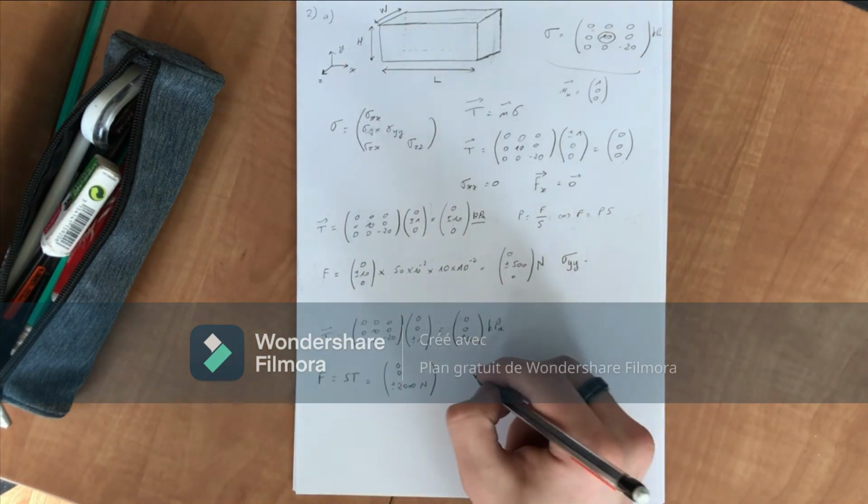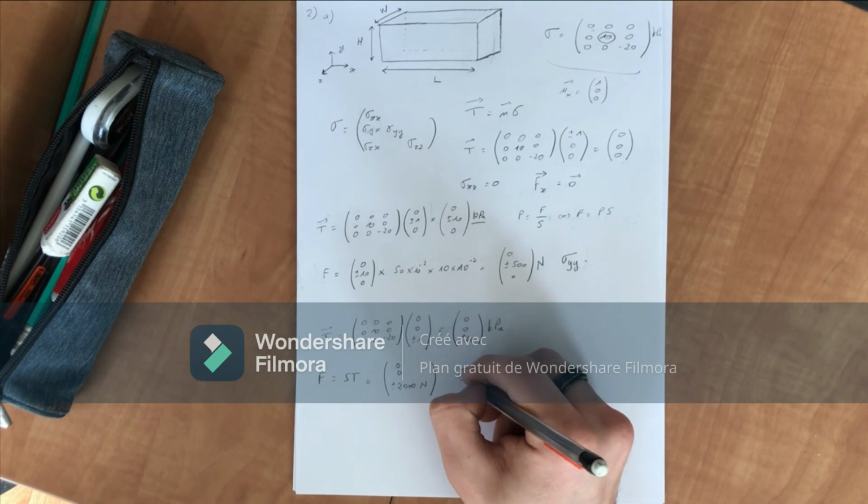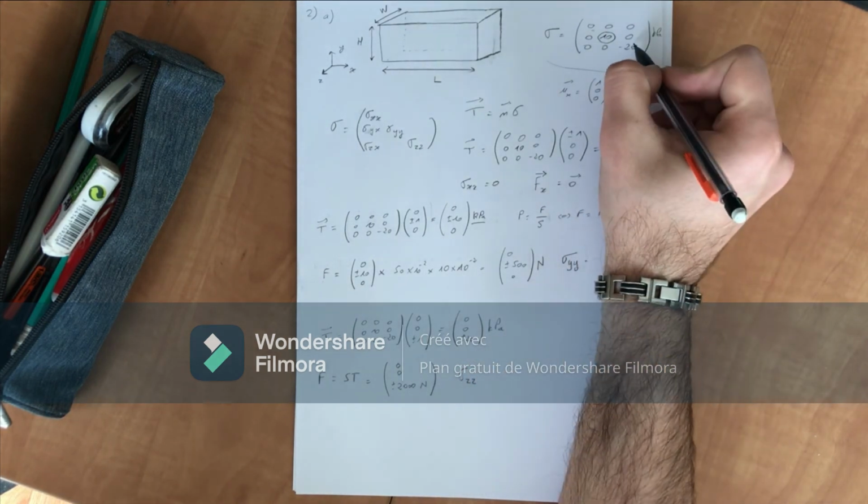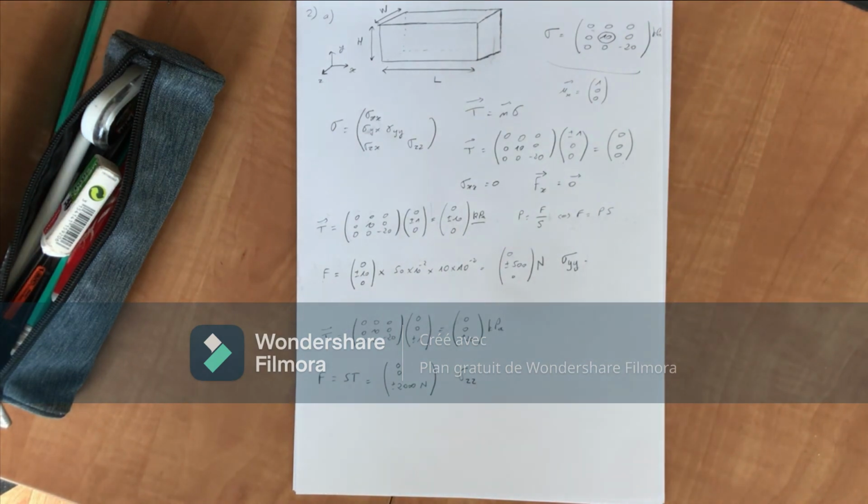And this is, of course, along the z-axis. So this is the sigma zz component.